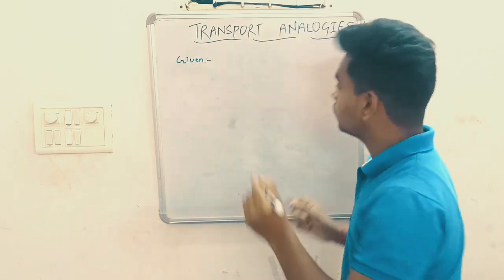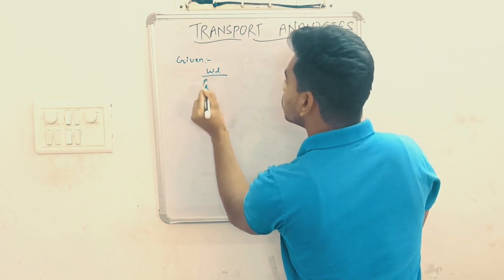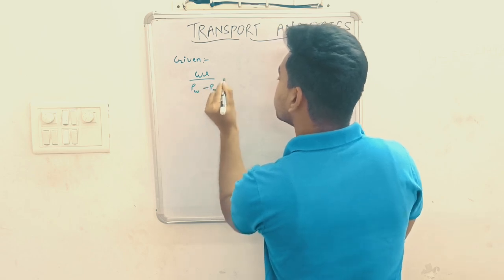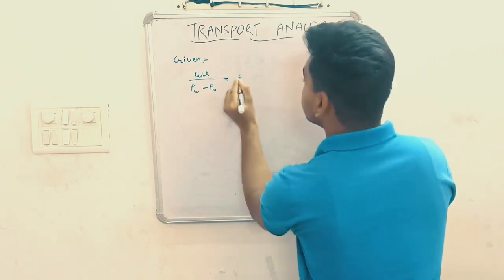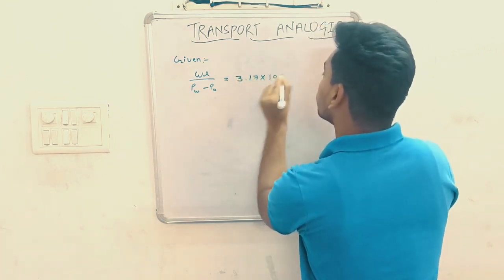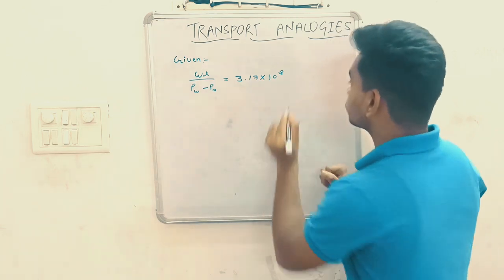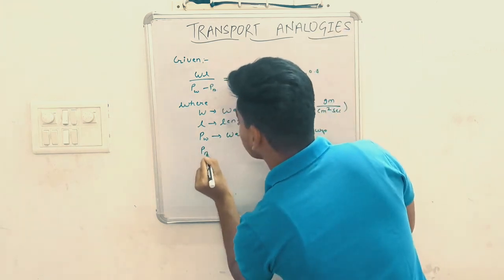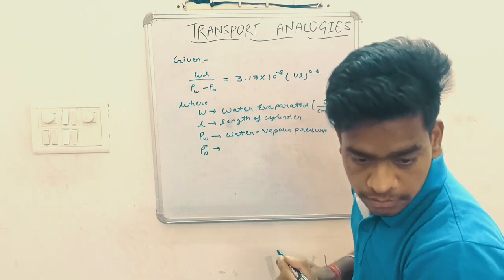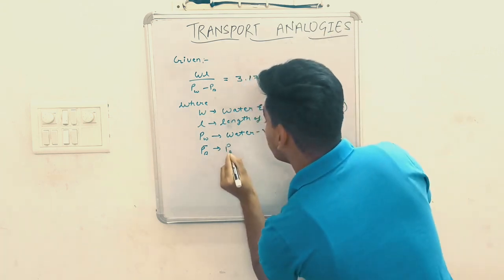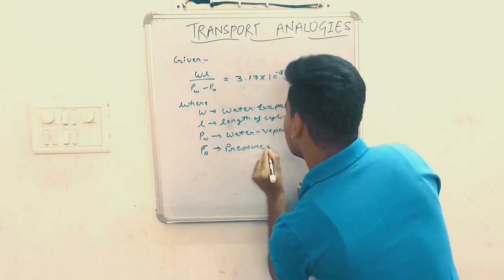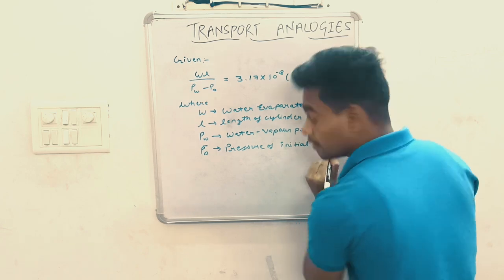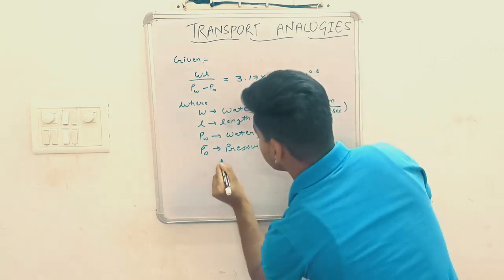Here WL upon PA minus WL upon PW minus PA is equal to 3.17 into 10 to the power 8 minus 8 UL, and PA bar is the pressure of initial water in air stream.